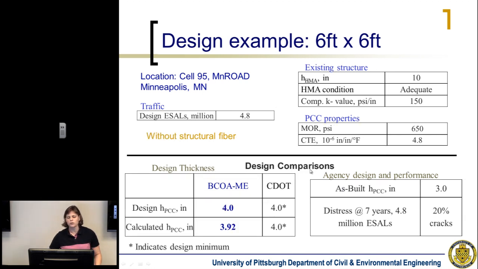Just to give you an example of how the fiber does influence the thickness, if we did not consider fiber for this exact same design, then we would have predicted a necessary thickness of 4 inches. And we don't know how it would have actually performed without the fiber, but you do see that in this scenario we needed another inch without the structural fiber. And it is more influential with the thinner overlays that we're looking at, 3 inches and less.